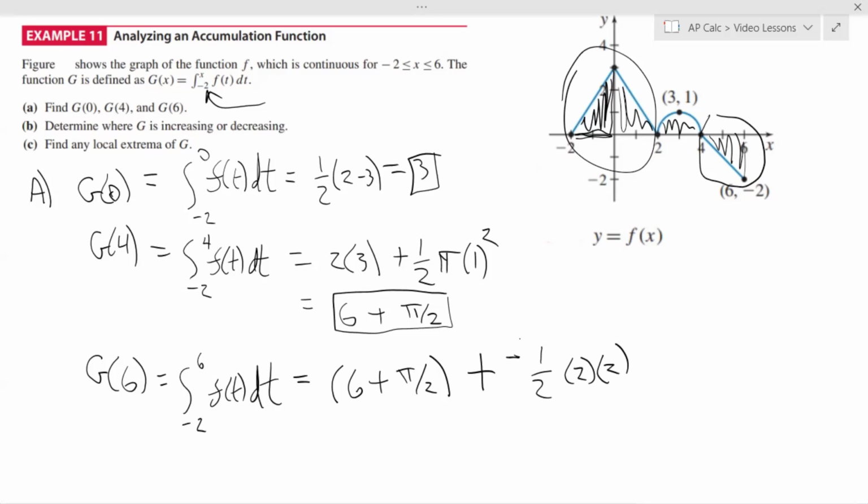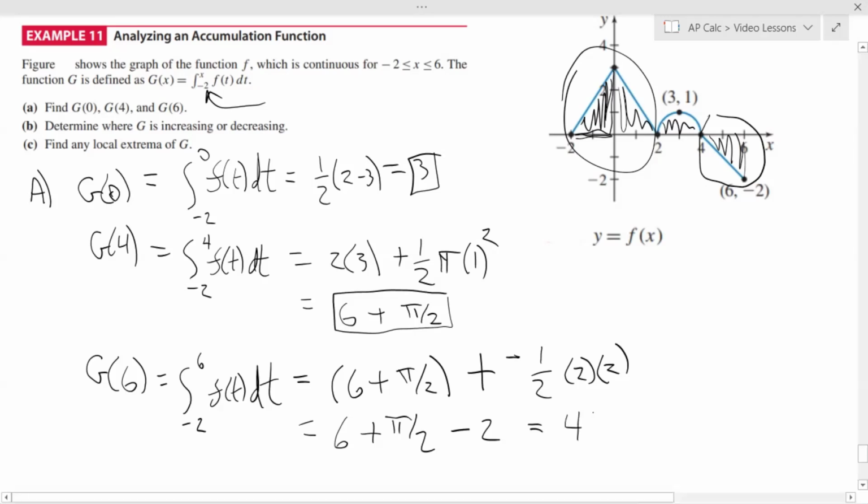So g is actually decreasing, and this is how much it decreases over that interval. So you have 6 plus pi over 2 minus 2. So our final answer for this one right here is going to be 4 plus pi over 2. Okay, so that answers part A for us.